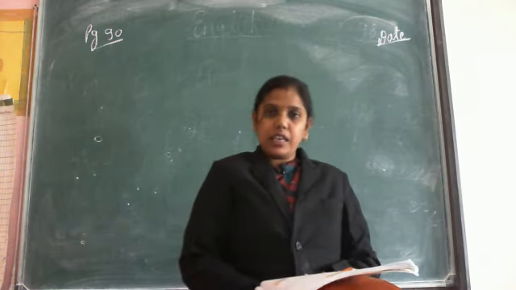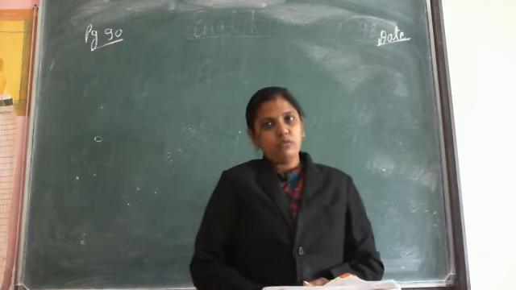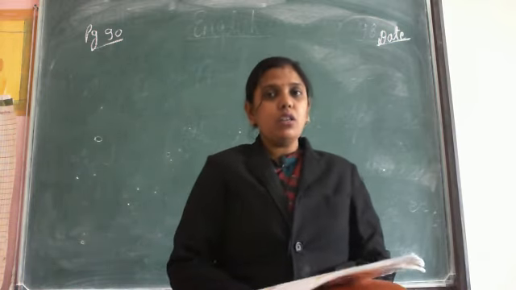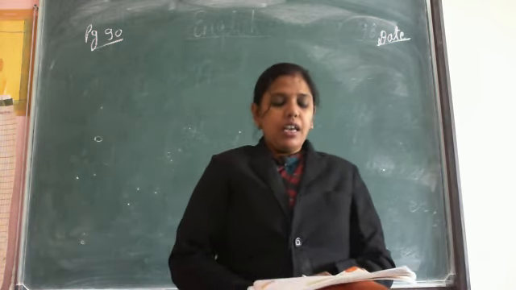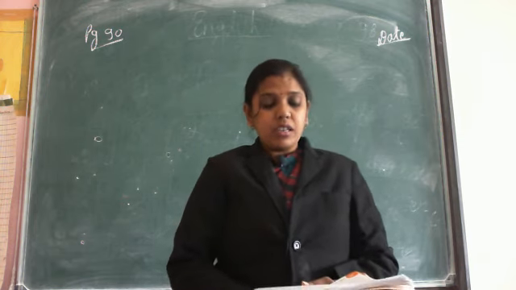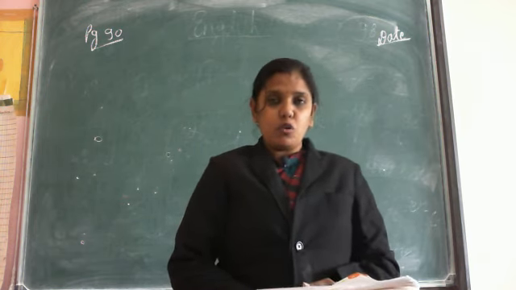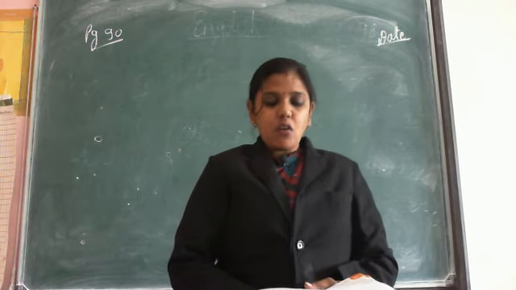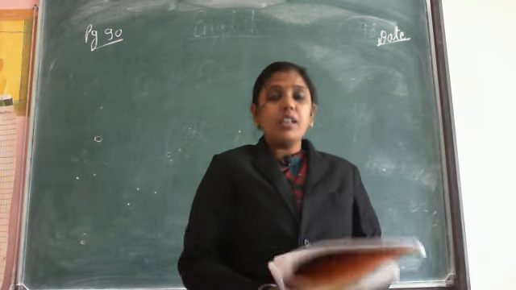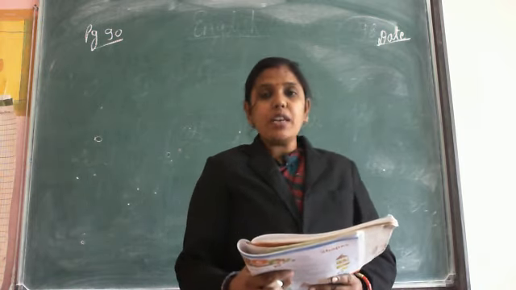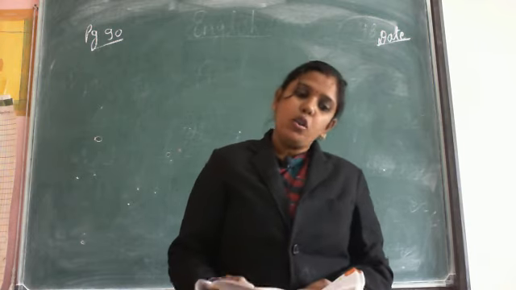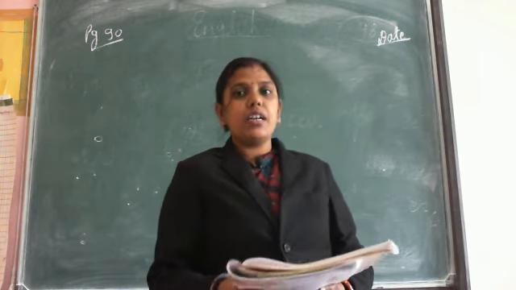Once again I am reading the question. Read with me. Tanya had 67 comic books and her friend Humaira had 32. How many books did they have all together? All together means together, one with the other.